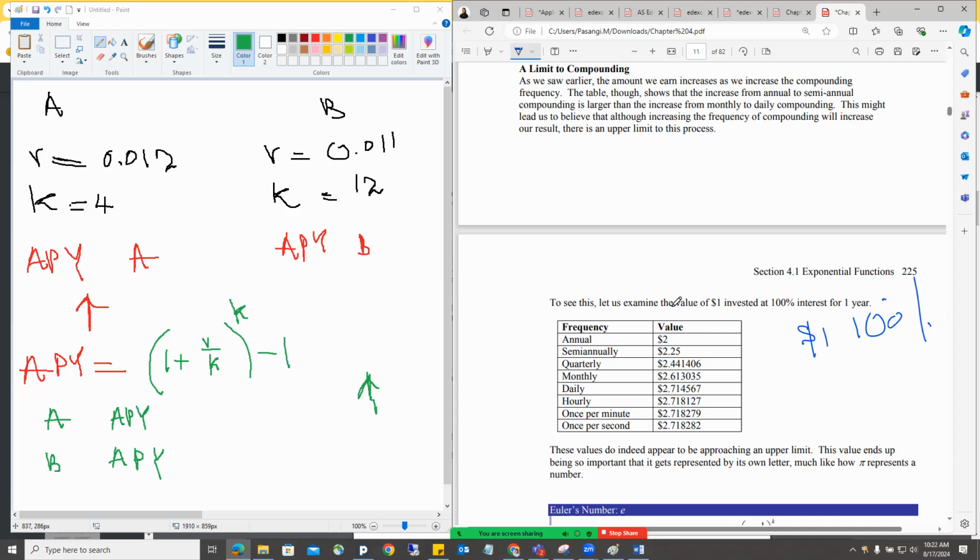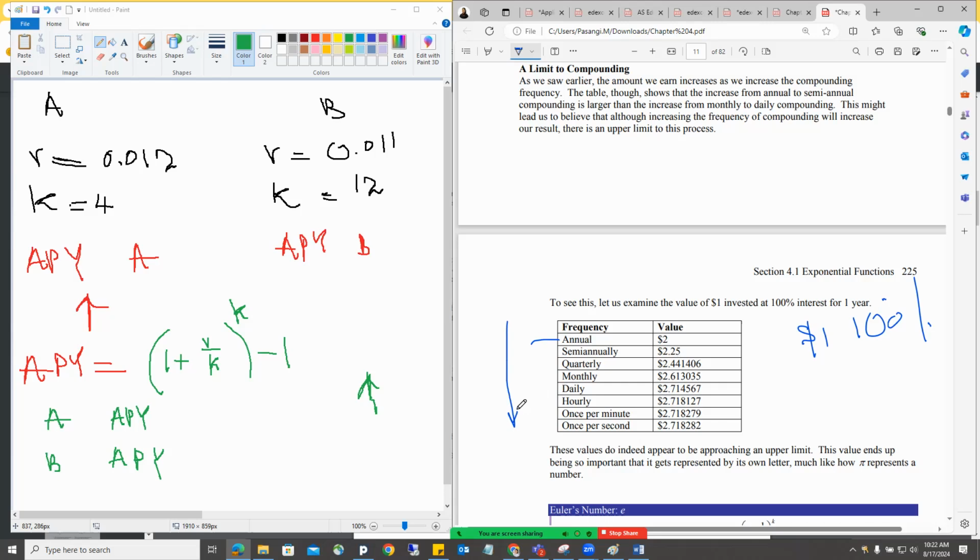If we calculate annually, after completing the first year we have $2. If we calculate semi-annually, then after the first year we have 2.25. Quarterly, we have 2.44. Monthly, 2.61. Likewise, this will keep increasing.